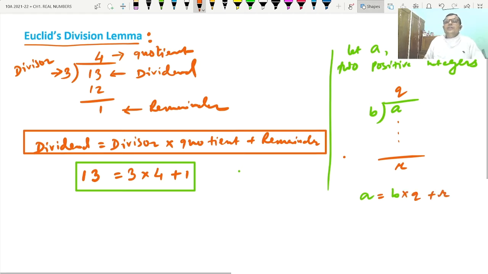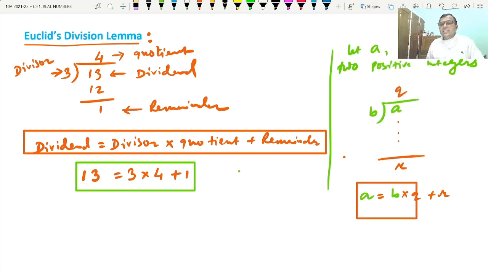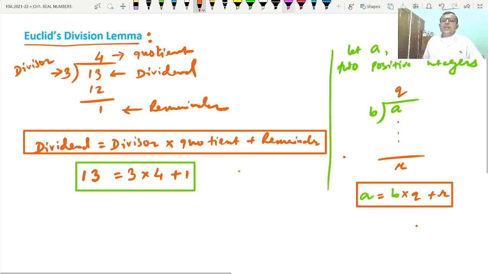This is nothing but dividend is equal to divisor into quotient plus remainder. So if you take any two positive integers a and b, we can always get a quotient and a remainder which satisfy this property.